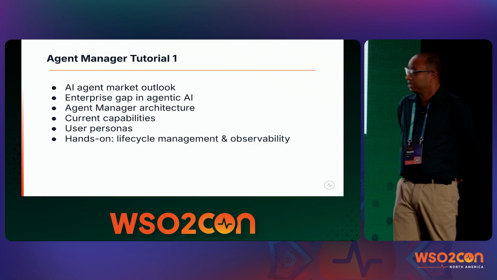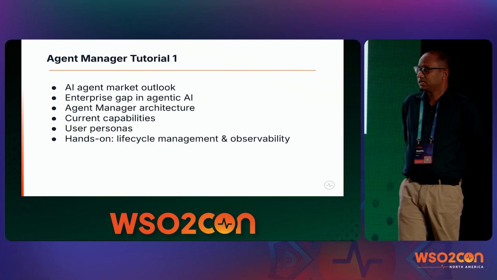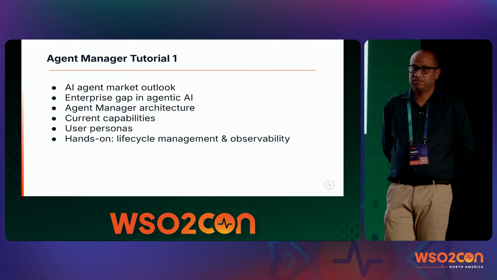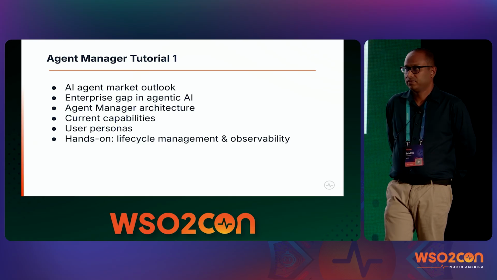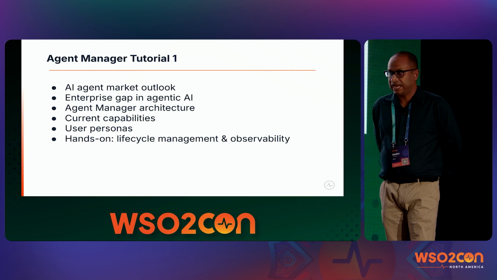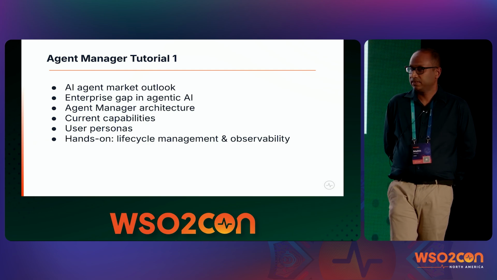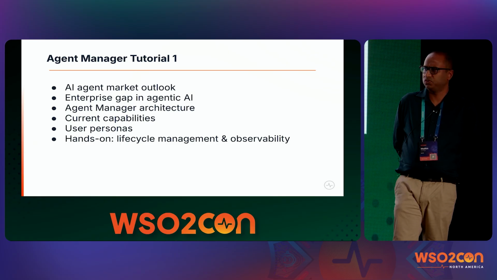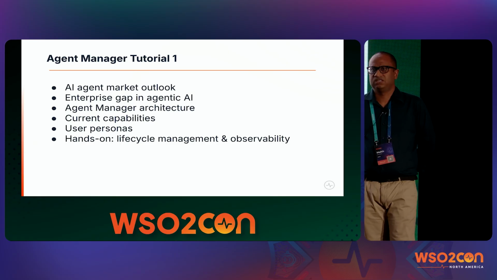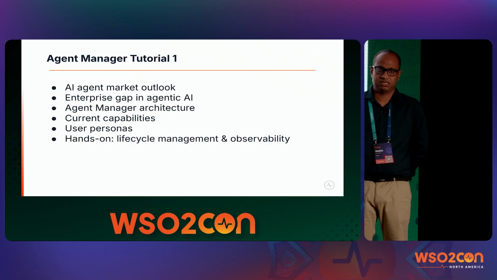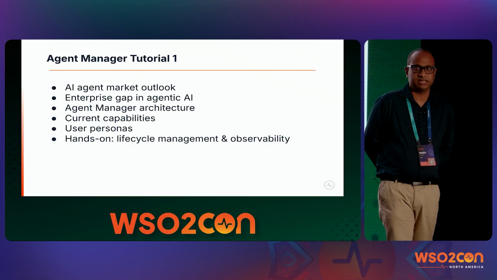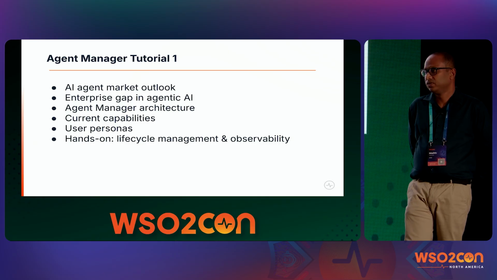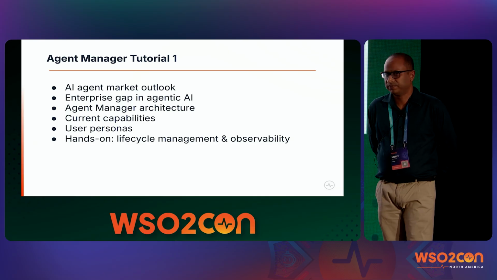First thing I'm going to do is take a look at the AI agent market outlook, where it is at and what sort of growth we are expecting. And then we will move into what the current state is, and we'll take a look at what sort of gaps are there, right? And what are people struggling with?